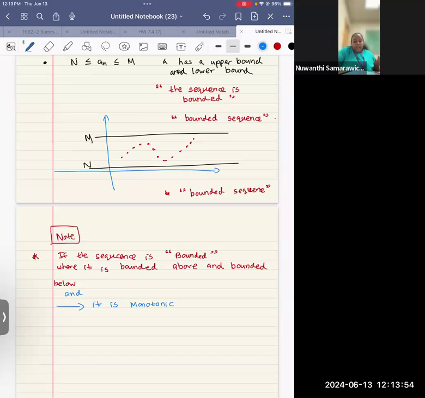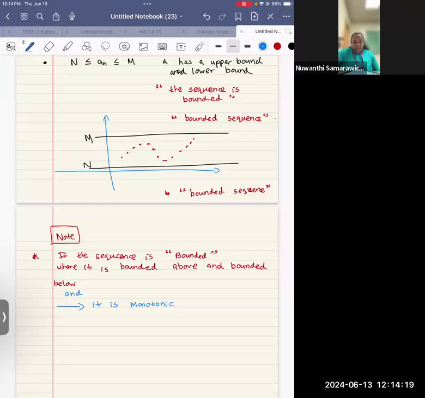So here, if these two conditions are satisfied, that means if the sequence is bounded, that means it has an upper bound and a lower bound, and also it is monotonic. What is monotonic? Monotonic means the sequence can be either an increasing sequence or a decreasing sequence.